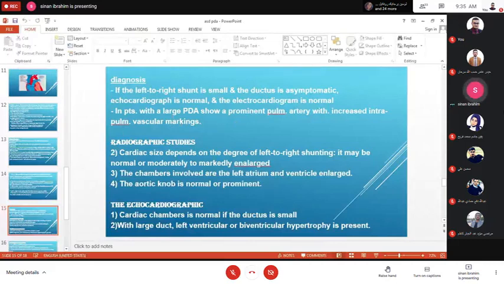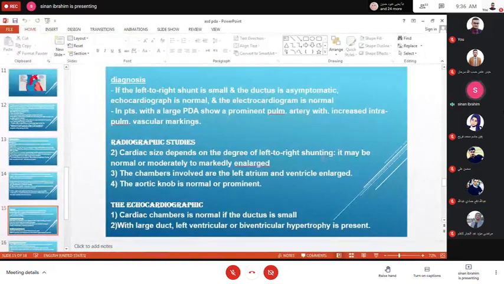While a patient with large PDA shows prominence of the pulmonary artery and increased pulmonary vascular markings. So the radiological findings will include cardiac size depending on the degree of left-to-right shunting.